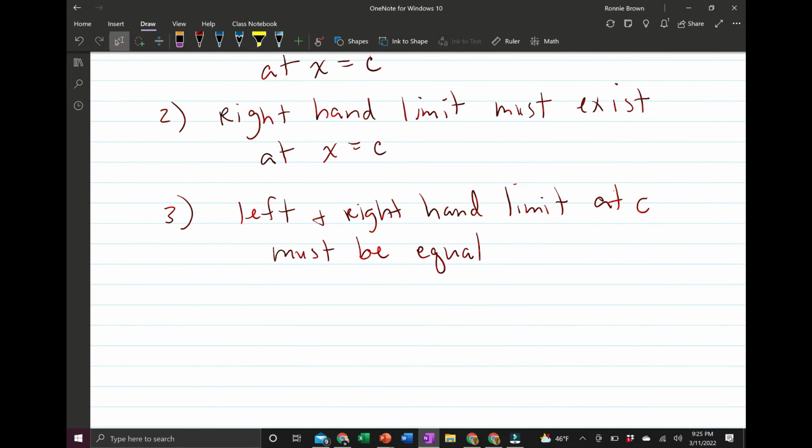In a lot of calculus textbooks, you'll usually see it written as such, right?